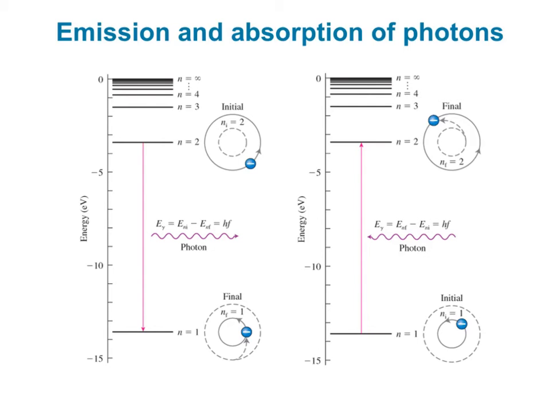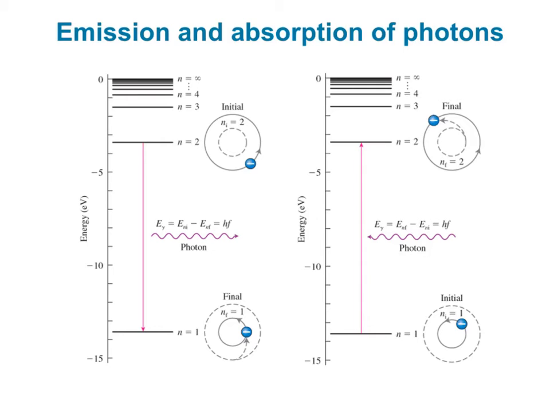But the closer they are to the nucleus, the more stable they are. So the closest shell to the nucleus is called the ground state. It's the least energetic state, and it requires the most energy to liberate that electron because it's closest to the protons. It's closest to the nucleus. That Coulomb attraction, that Coulomb force, is really strong. So to get that electron out of that inner shell is very difficult.